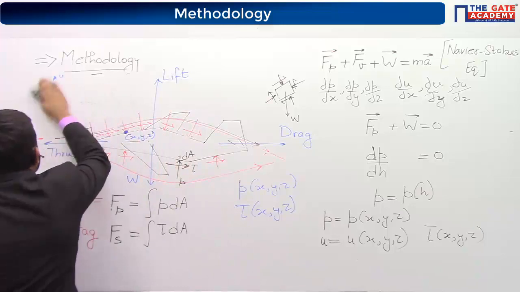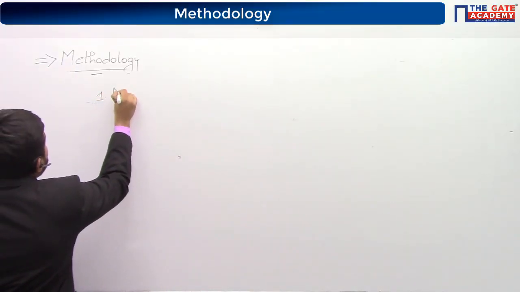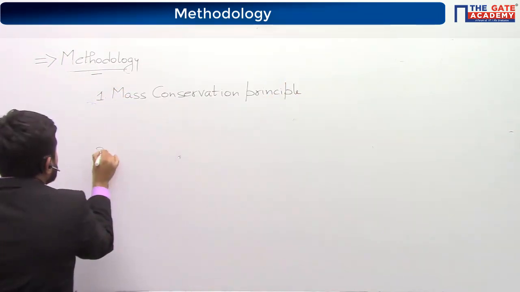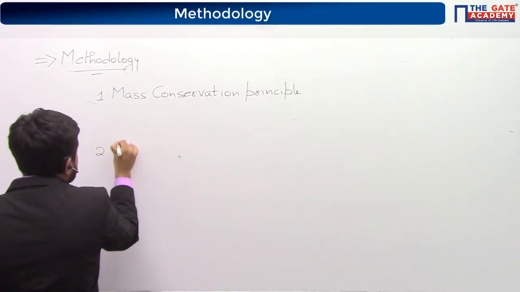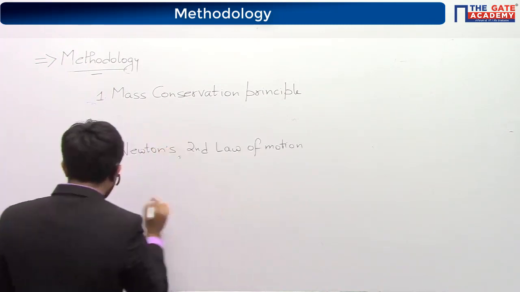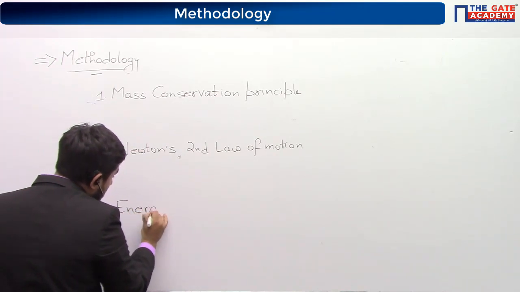Let me write it down. So the methodology will be, we will use 3 principles: mass conservation principle, Newton's second law of motion, and the third one is the energy conservation principle.